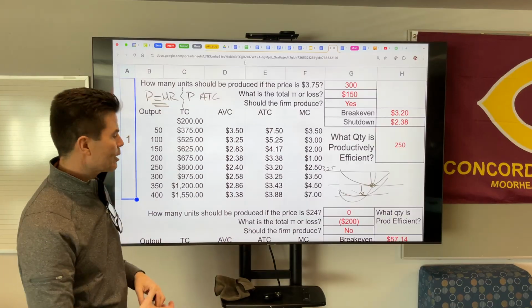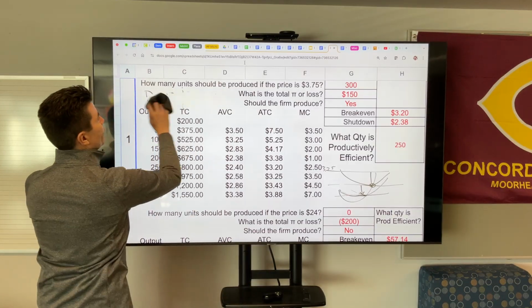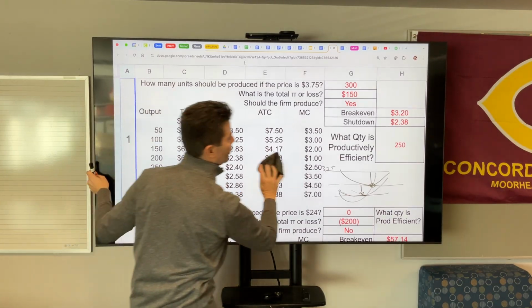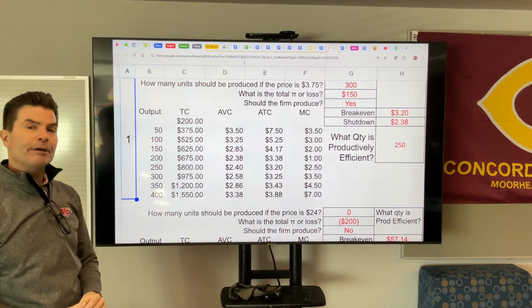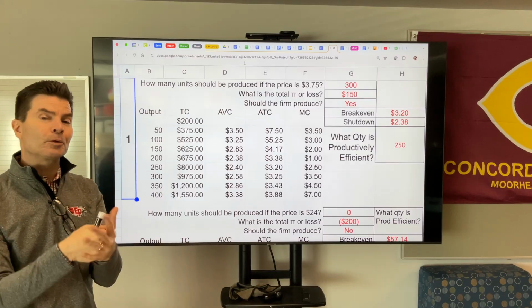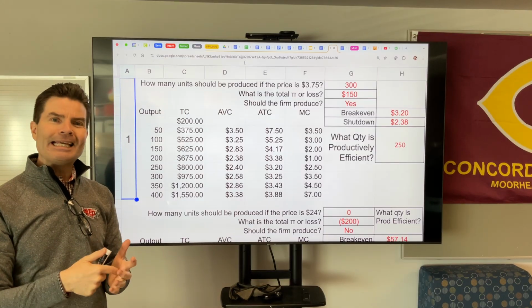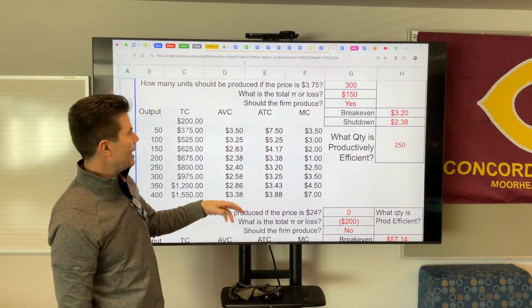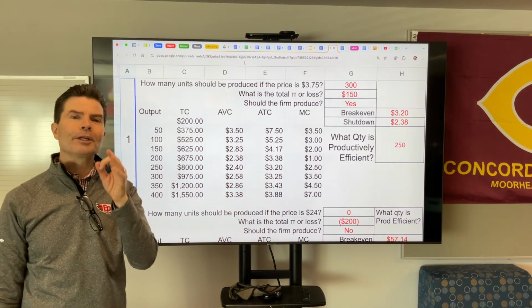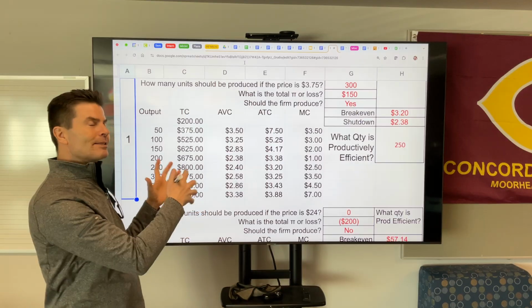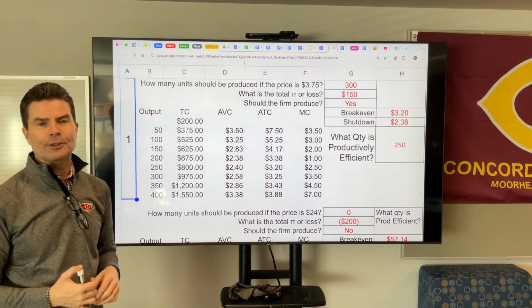And then, what quantity is productively efficient? Hopefully you recall from one of the other videos we have done before, or from the class lectures, that you are productively efficient if the quantity you're producing is at the minimum of the ATC. The minimum of the ATC is $3.20, which is a quantity of 250. So that is the answer to problem number 1 on the donut question.